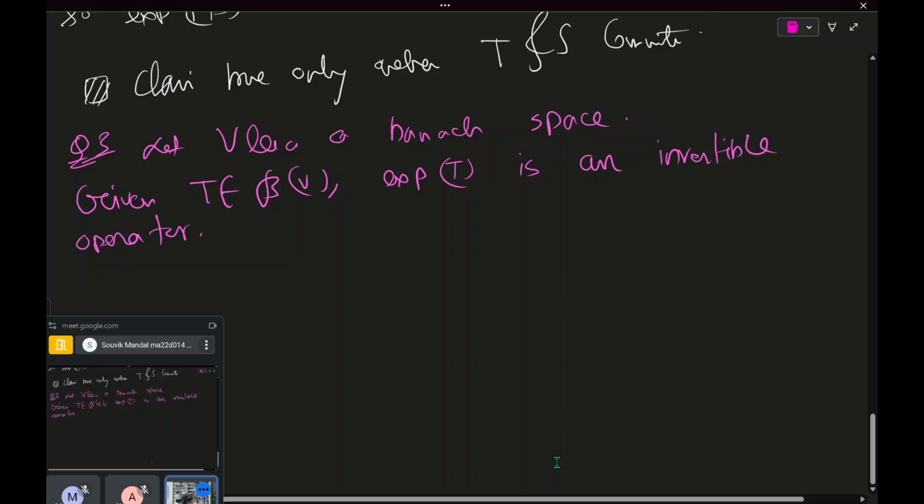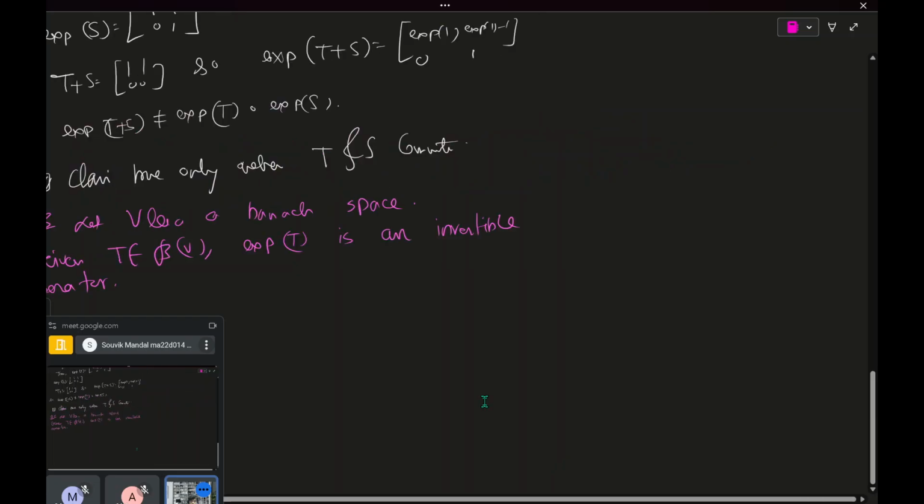Well, one might guess this is not true in general. So what is the counterexample? The counterexample is as follows.